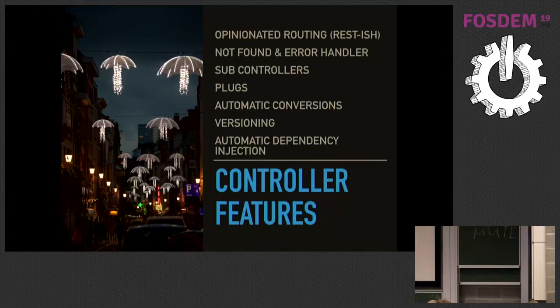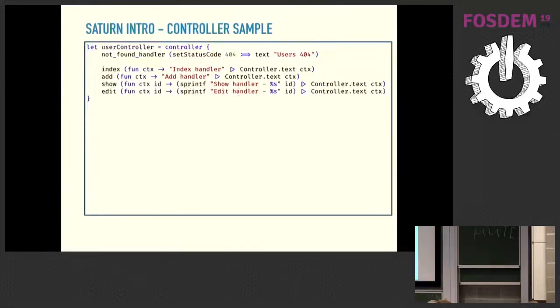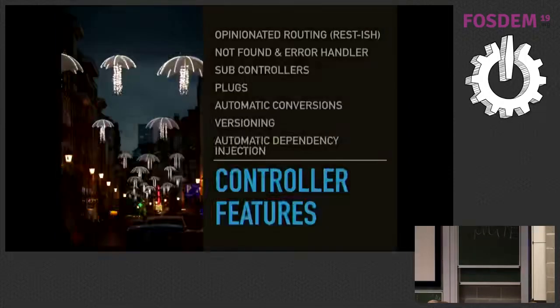It has automatic conversions of data. So here you see that I use something called controller.text, and this is returning normal text, and it sets the content correctly and things like that. But with automatic conversions, you can just return this part of text, and it automatically will recognize that this is a string. So probably you wanted to return this as a content text.